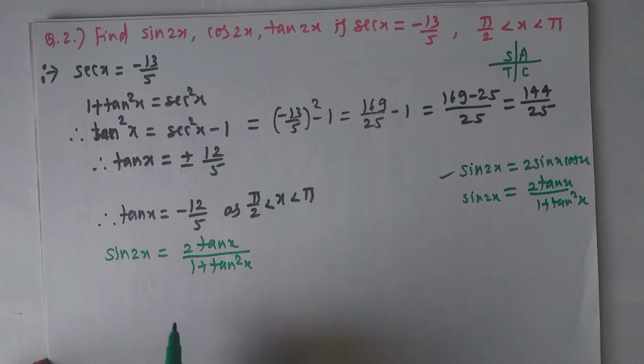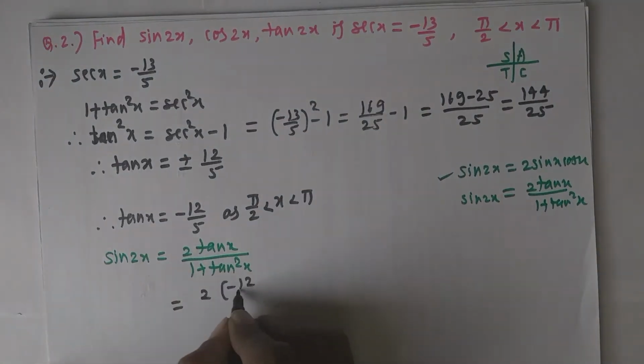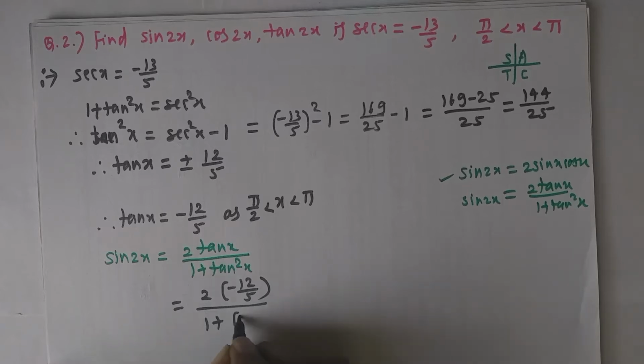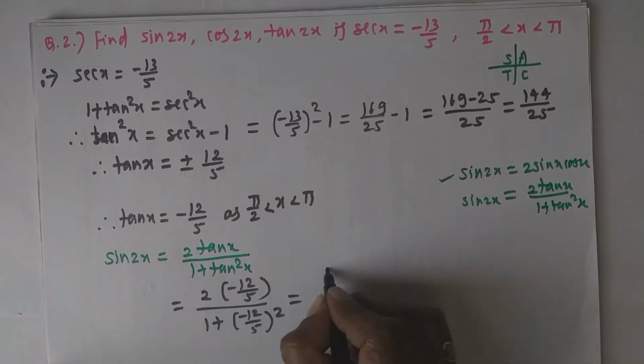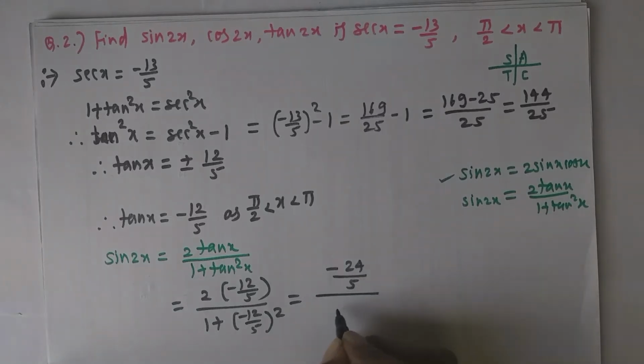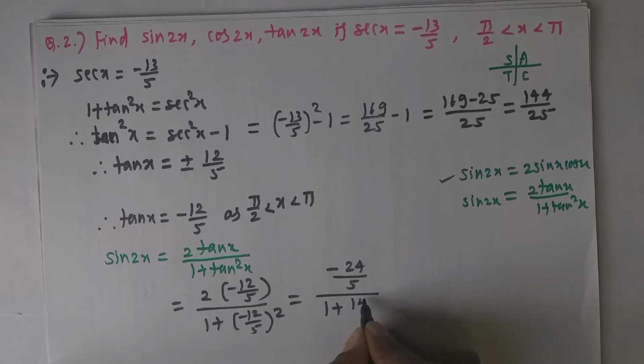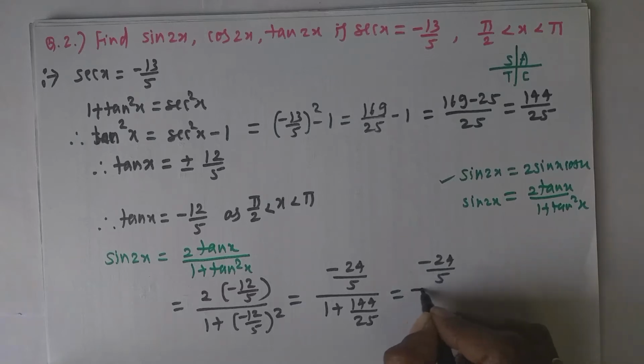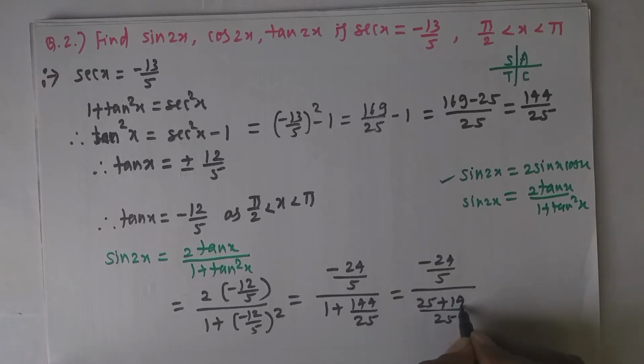Now keep the value of tan, then this will be minus 12 by 5 divided by 1 plus minus 12 by 5 square. After simplification the numerator will be minus 24 divided by 5, and the denominator will be 1 plus 144 divided by 25. Now keep the numerator as it is, and in the denominator you take the LCM. LCM will be 25, and this will be 25 plus 144.